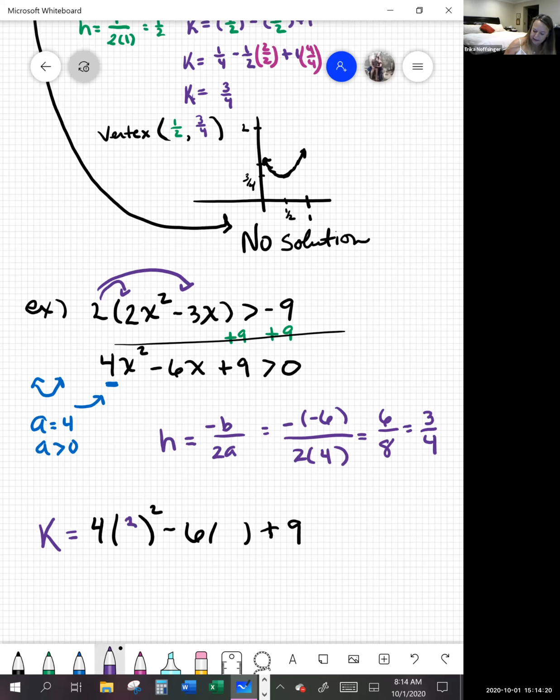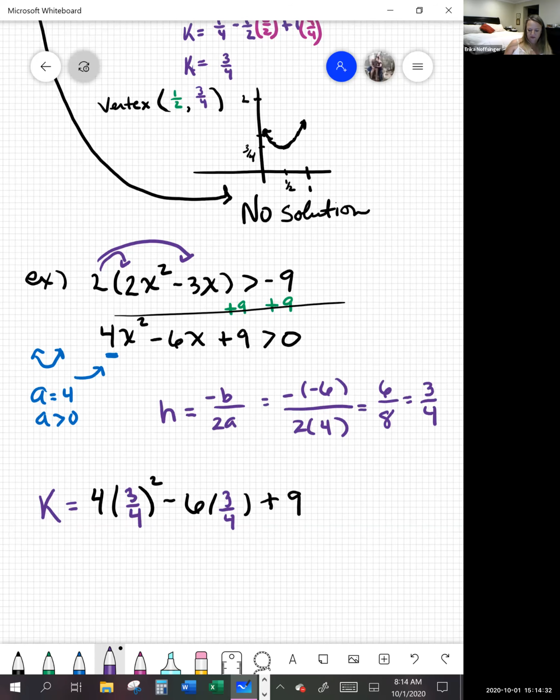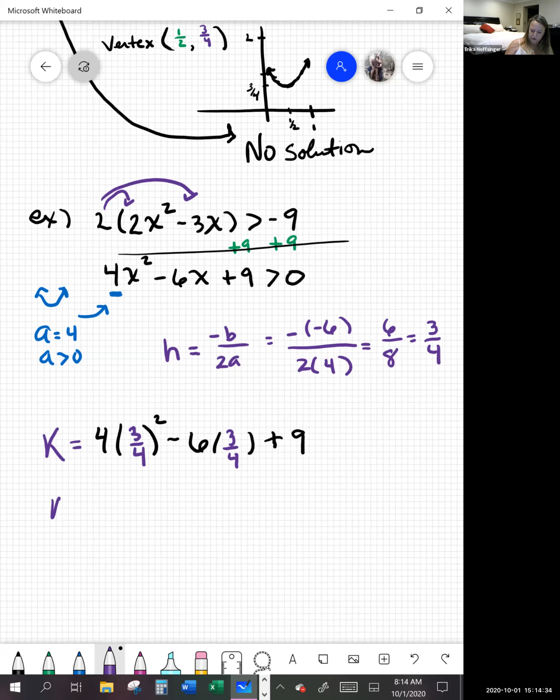So k is equal to 4 times the quantity 3/4 squared minus 6 times 3/4 plus 9. So order of operations: I have 4 times, and I have to square this before I can start simplifying or multiplying. So 3/4 times 3/4. 3 squared is 9, 4 squared is 16.